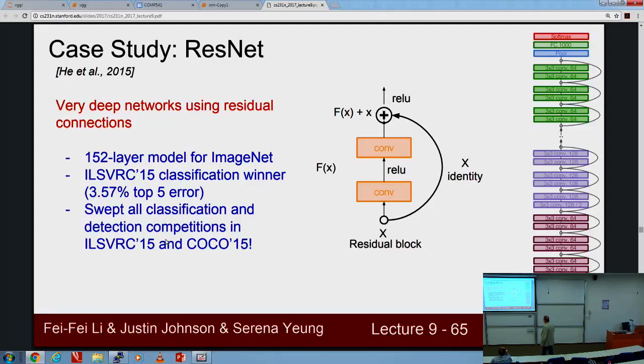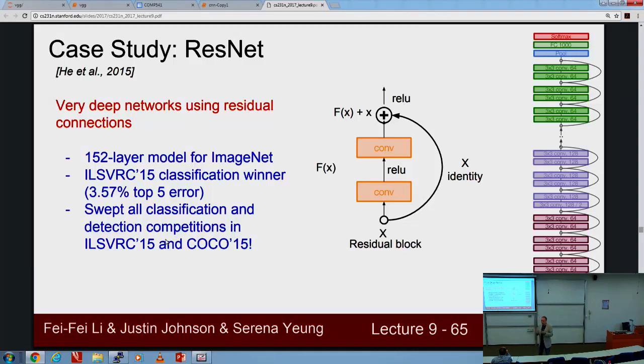Now, since I'm taking x and adding it to whatever is the output, my final output from this block becomes x plus something. This something, which is called f of x here, is the function computed by these two convolution boxes. In other words, what I'm telling these convolution boxes is, instead of learning the actual function that you need to perform here, learn the difference that you need to make to this image, the difference from the original image.